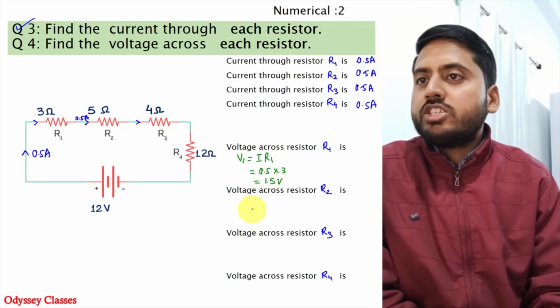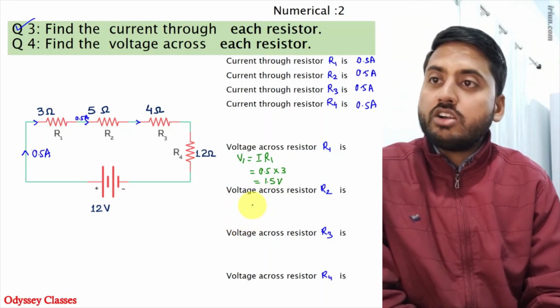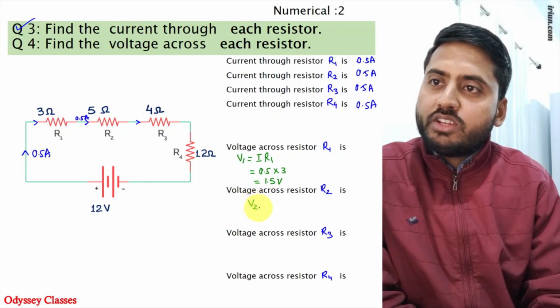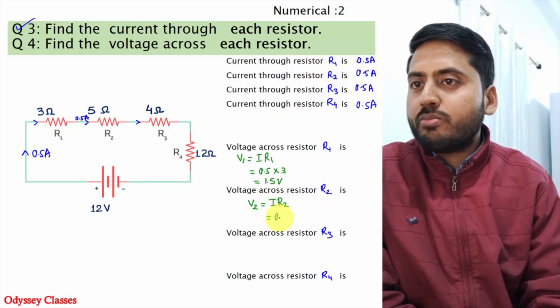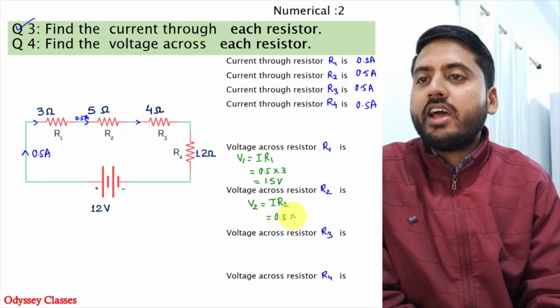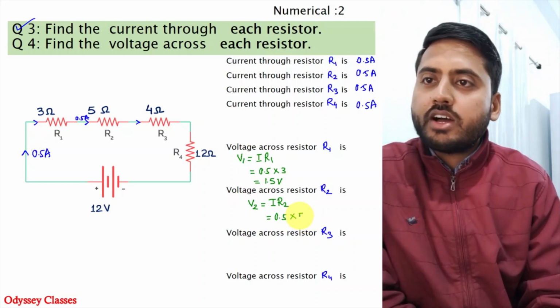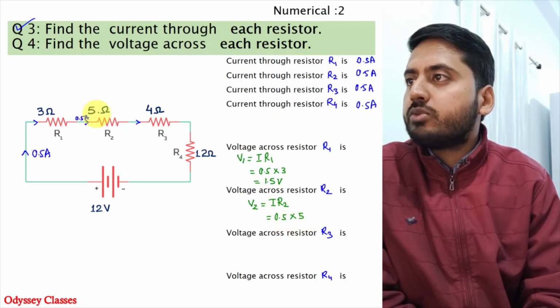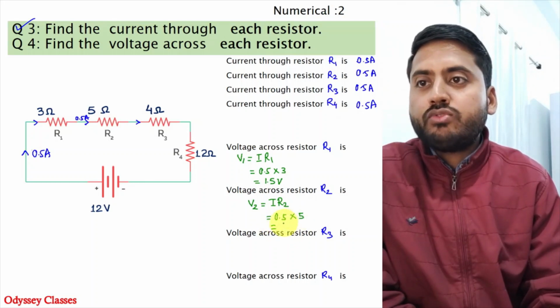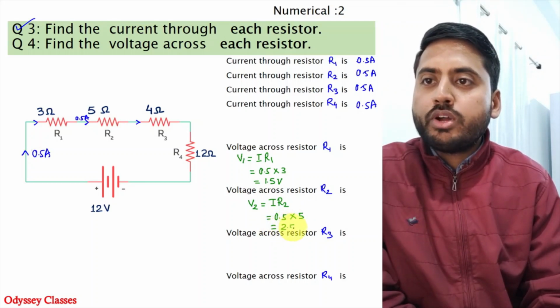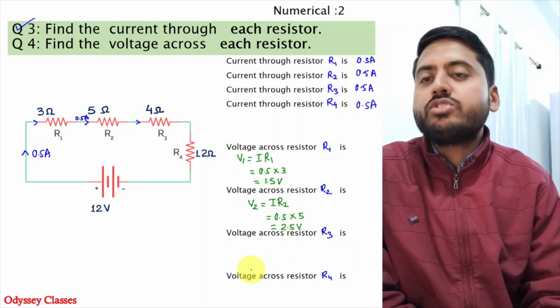What about voltage across R2? We can use the formula V2 equals I into R2. We can put the value of I as 0.5 and R2 is 5 ohms. You can see in the question given here. So this will be 0.5 into 5, which is going to be 2.5 volts.